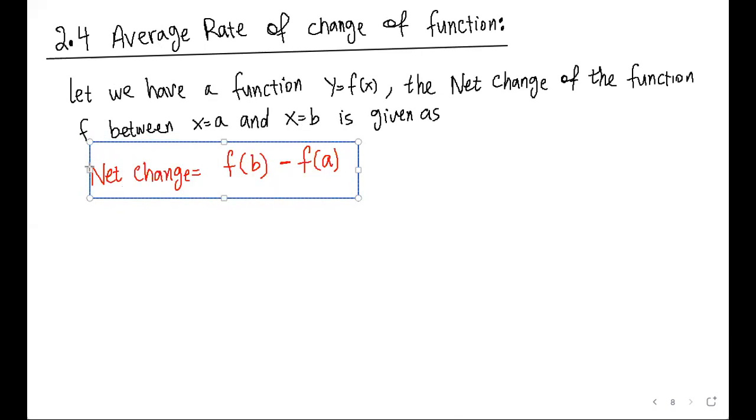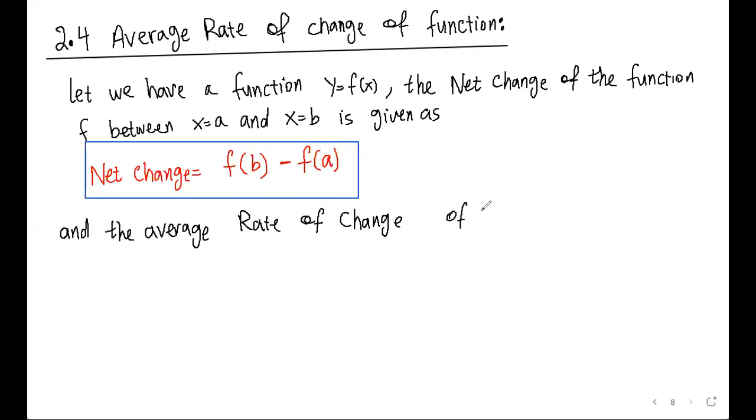Second formula we have to know is the average rate of change of the same function f of x between x equal a and x equal b.